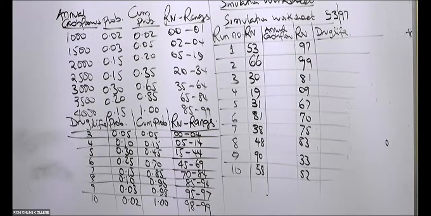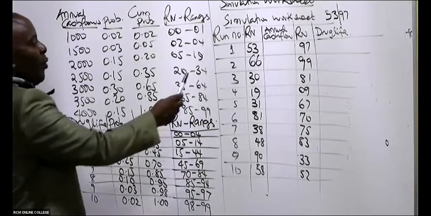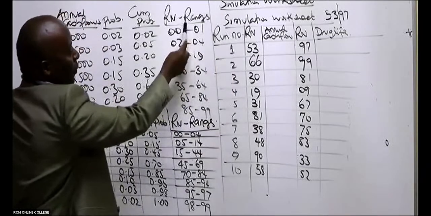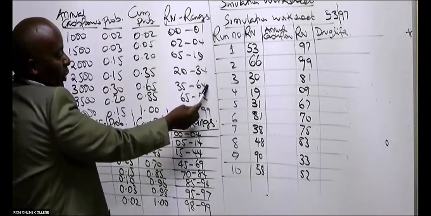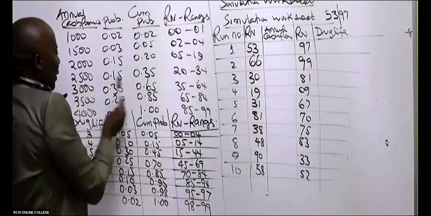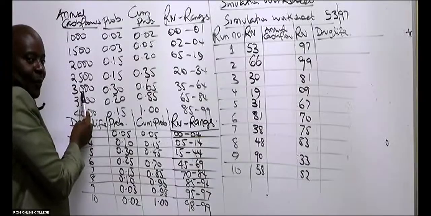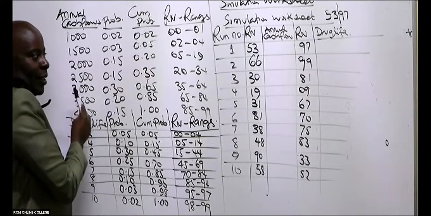For example, in the annual cash flows, when we have 53, where is 53 here? 53 is in this class, which corresponds to what cash flow? 3,000, isn't it?